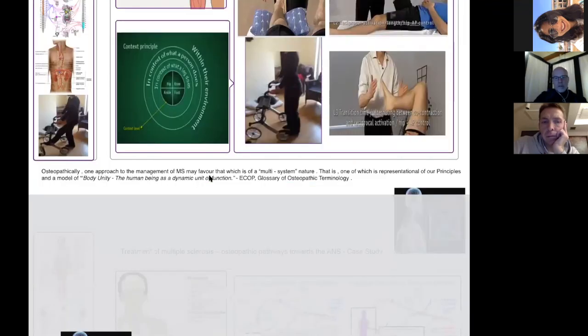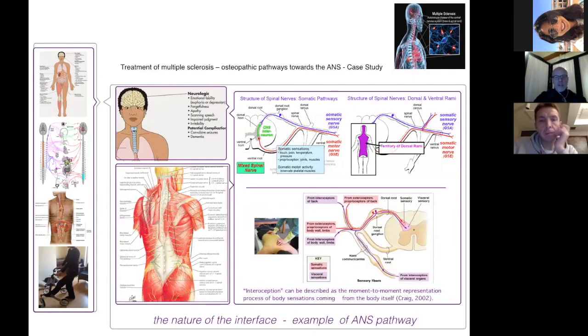So let's continue. What is the nature of the interface? Well, we're working with various parameters of various aspects of our work in terms of the function of the posterior or dorsal rami, the tissues on the back of the spine. And we're also dealing with the interoceptive, the feeling of the patient too, in terms of the sensation of well-being and ability, but also the homeostatic aspect of the body.